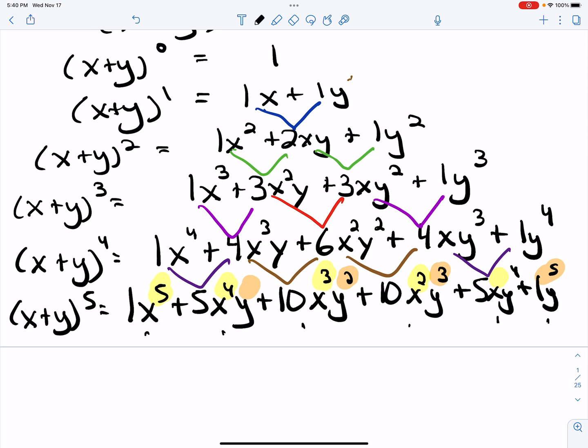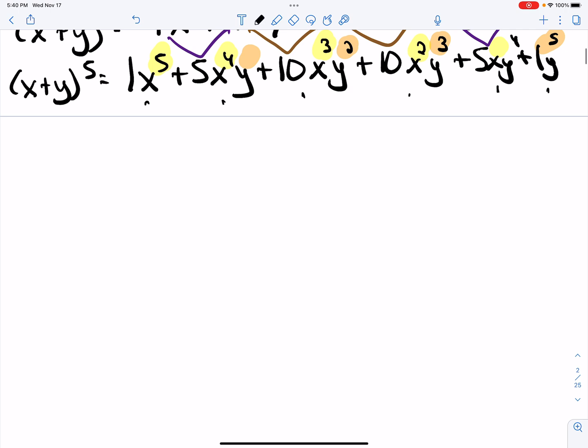Let me show you. Let's just focus on this x plus y to the 5th power. Let's look at that second term and look at that coefficient of 5. Notice that the exponents are 4 and 1. A really cool thing is that on this one, you can do 5 factorial over 4 factorial times 1 factorial, and that equals 5.